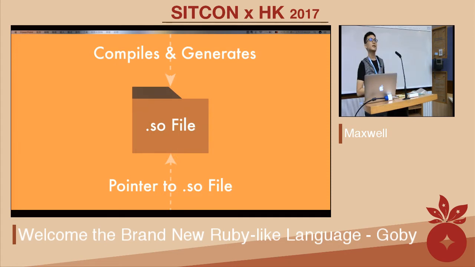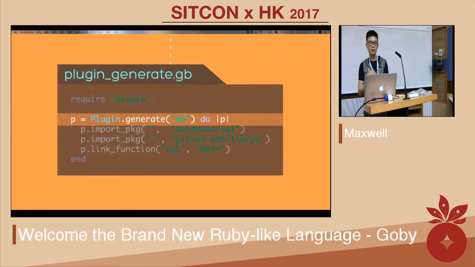So then you can guess that it also generates another pointer, which points to this file, and assigns it to the variable which you assign in. So this plugin system also helps in the development of our Goby programming language.